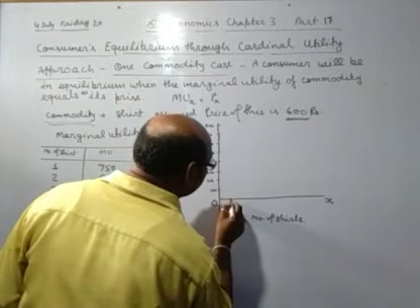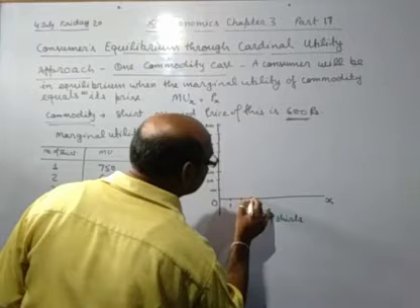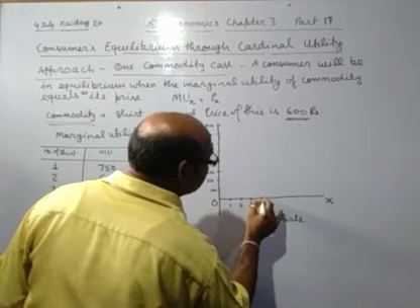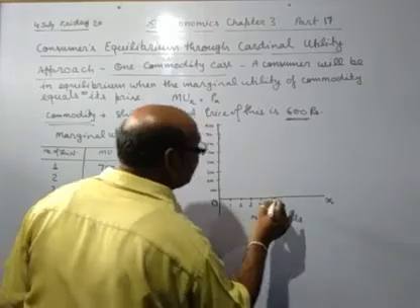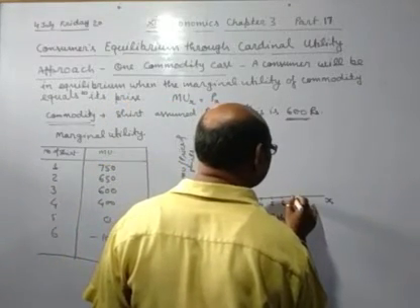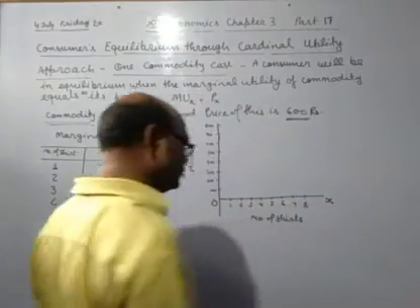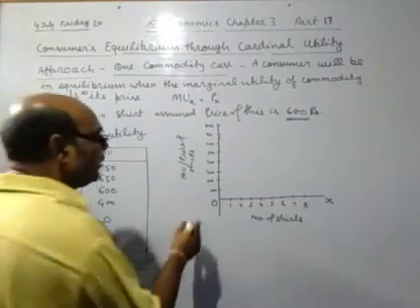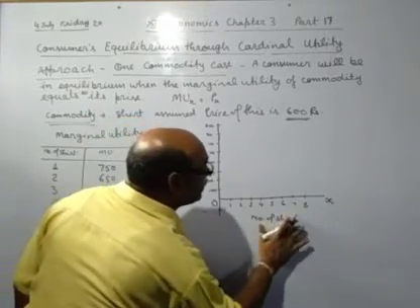This is the number of salt: 1, 2, 3, 4, 5, 6, 7, 8, and this is minus 100.